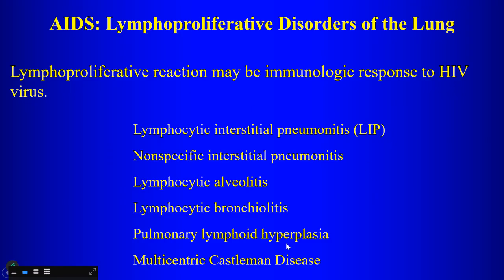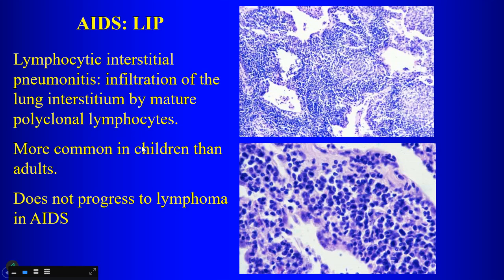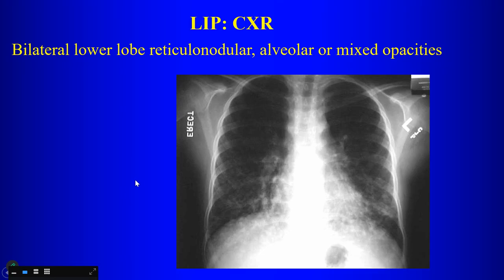LIP is a very common one. There are others that I've also listed here, but LIP tends to be associated with perilymphatic nodules and cysts. LIP represents proliferation of polyclonal lymphocytes throughout the interstitium. That proliferation might result in air trapping, which results in the small cysts that we see in these patients with LIP. Interestingly, this does not progress to lymphoma in AIDS when these patients develop LIP.